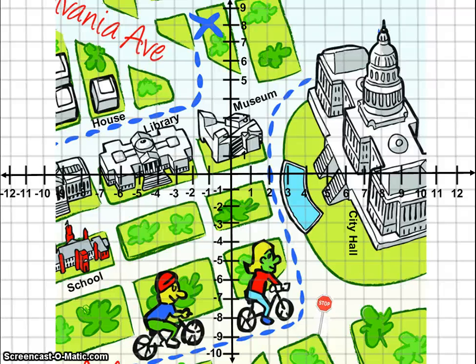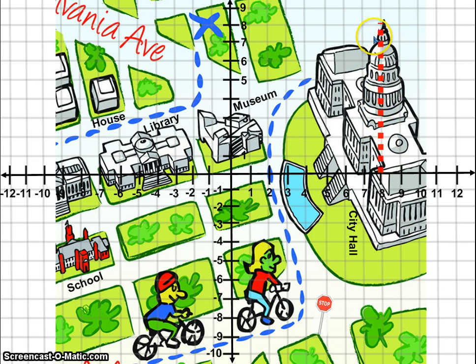Now here's a map with a coordinate plane laid across. And I want you to use this map to answer the next following questions. The location of the top of Central Hall, or the tip of the tower, is, again, you go along the x-axis first, and we see that it kind of falls right about here at 8.